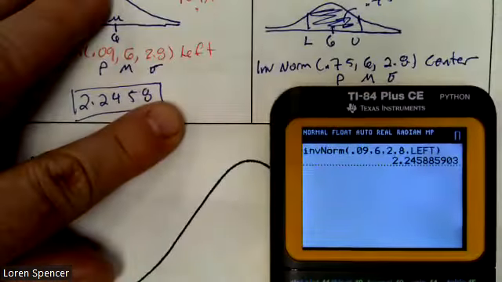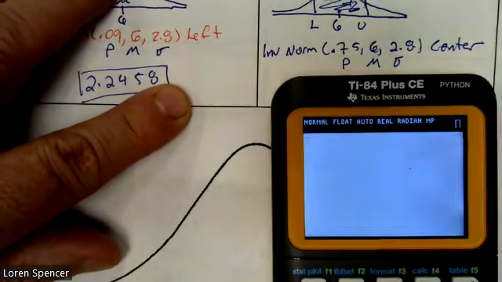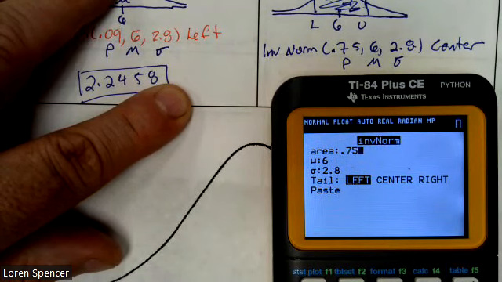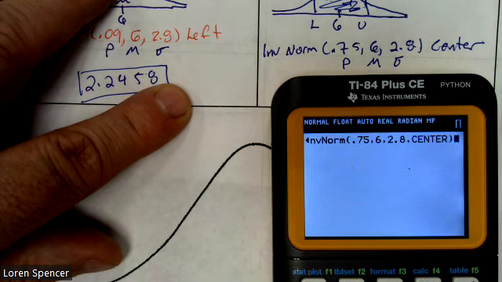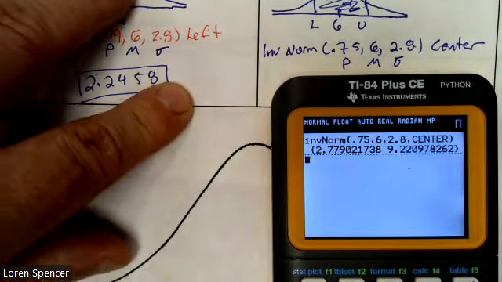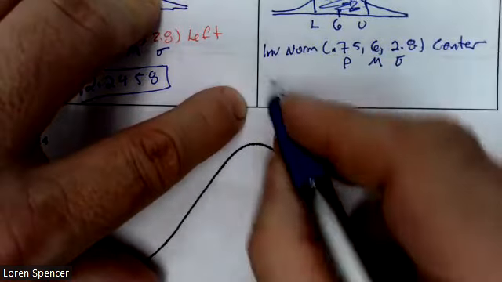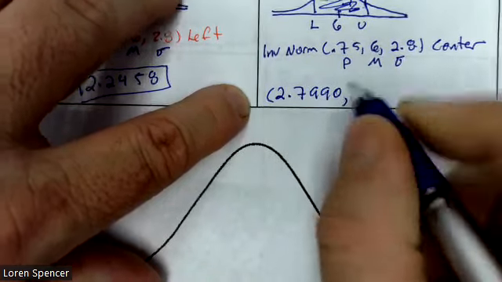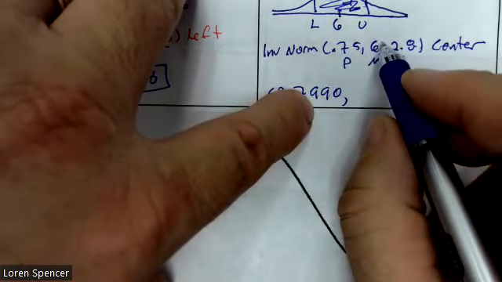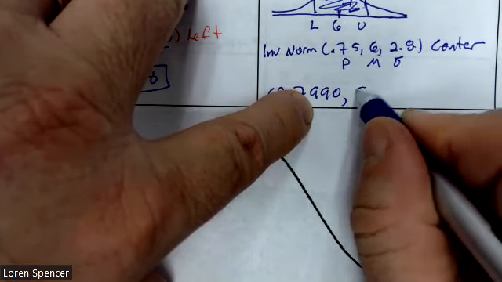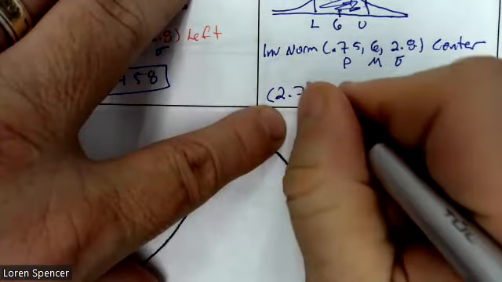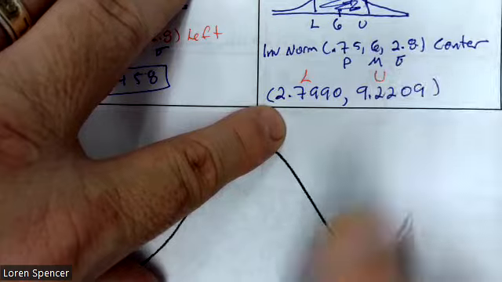So with that said, second vars, inverse norm, 0.75, mean is 6, standard deviation of 2.8, press center. And I get 2.7790. And for my upper, I get 9.2209. This is my lower, this is my upper.